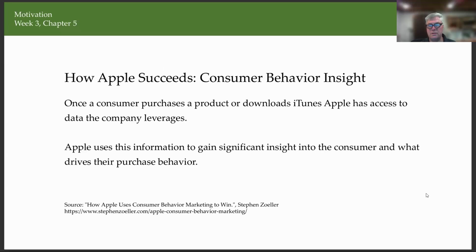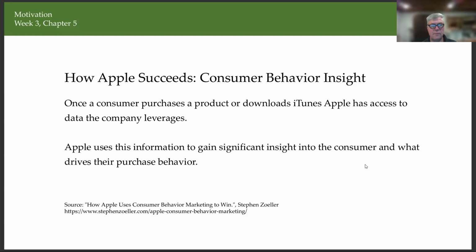How does Apple succeed? Well, they continuously update their consumer behavior insight. Once a consumer purchases a product or downloads iTunes or any of the Apple services, Apple has access to data the company leverages. Apple uses this information to gain significant insight into the consumer and what drives their purchase.